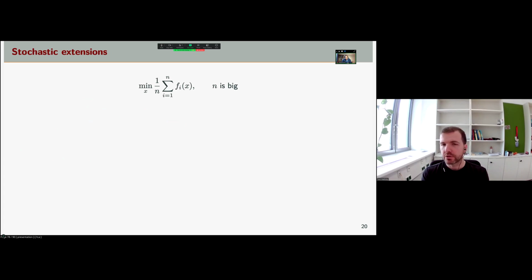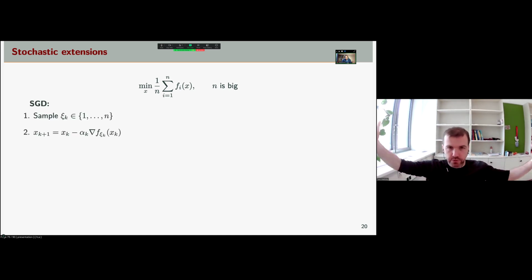Okay, next thing is to try to do stochastic versions, of course, right? Everyone is doing stochastic things now. If you have a sum of many functions F_i, computing one full gradient of F is expensive. So people do SGD. Instead of computing the full gradient, they sample one index i_k and do gradient descent on this index.